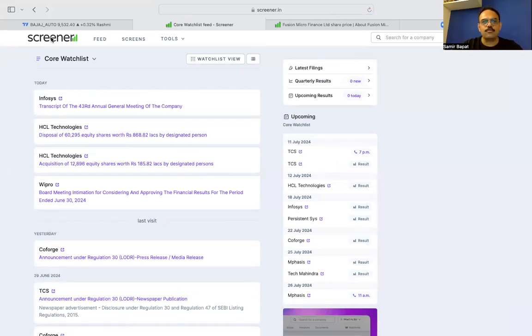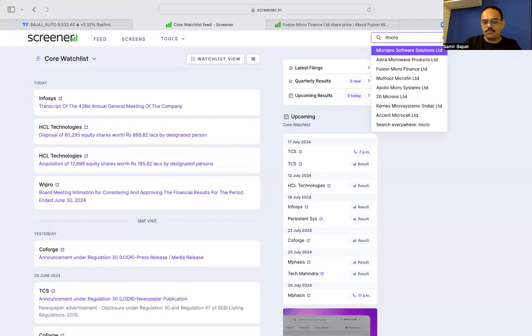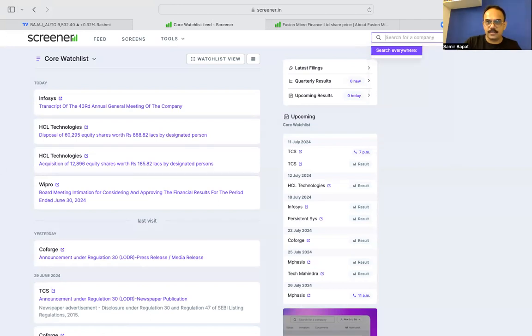I had posted in the group to create a free account in Screener. So this is one of the sites. I'm not saying you have to create it in this, but I felt that this is one of the very good sites to search something or to analyze fundamentally. So let's say if I want to search something for microfinance, okay, so what you have to do is, let's say microfinance.